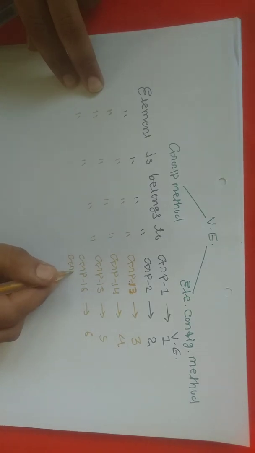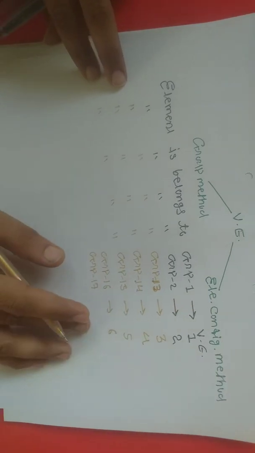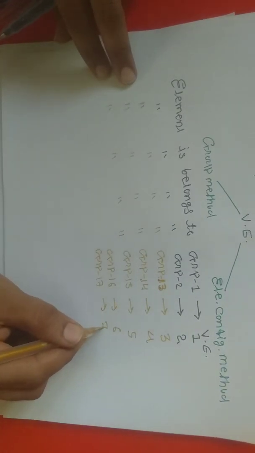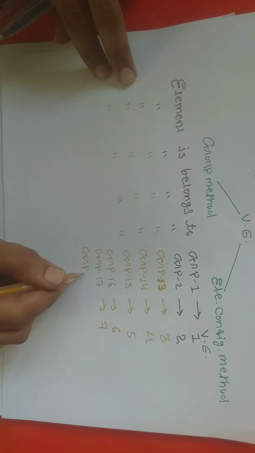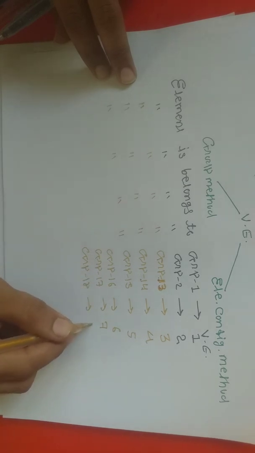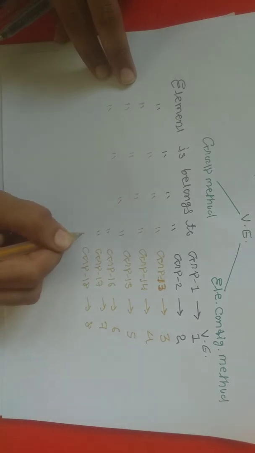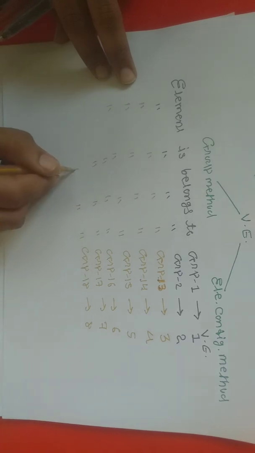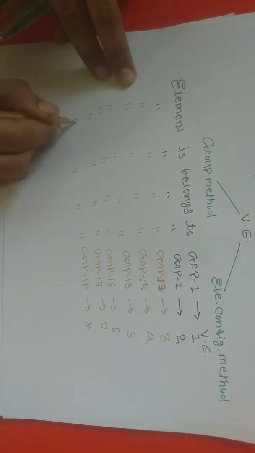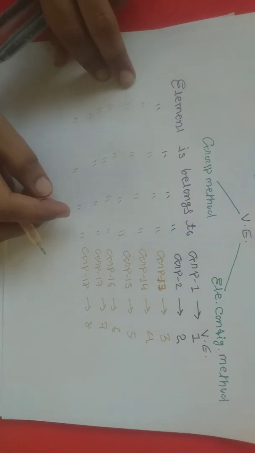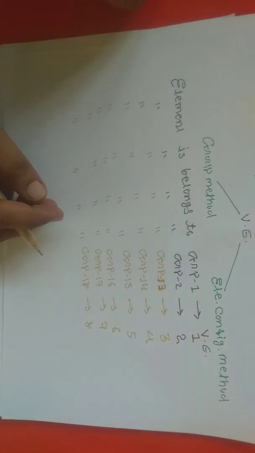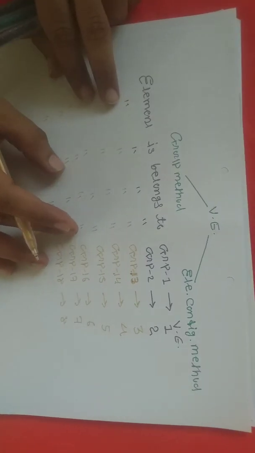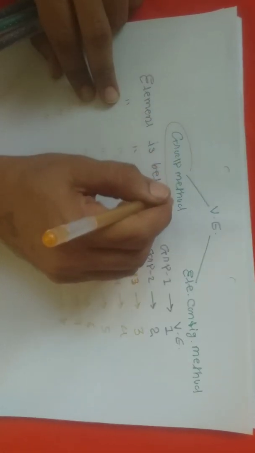If group number 17, then valence electrons are 7. If group number 18, valence electrons are 8. So just by knowing the group of that element, we can easily say how many valence electrons are there. So this was all about the group method.